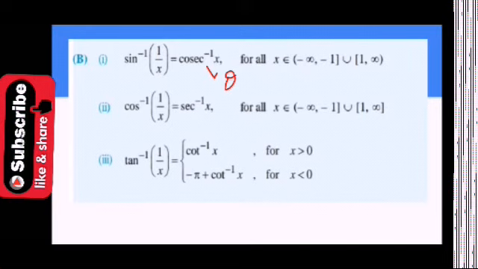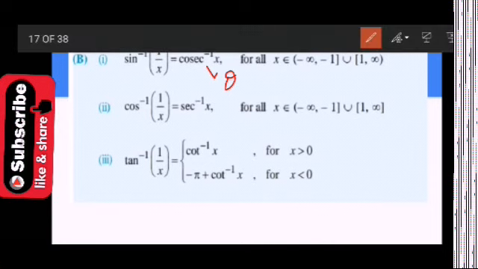So we can say x equals cosec theta, and hence 1 by x becomes sine theta. So 1 by x equals sine theta, correct? Now x is under the condition minus infinity to minus 1 union 1 to infinity.